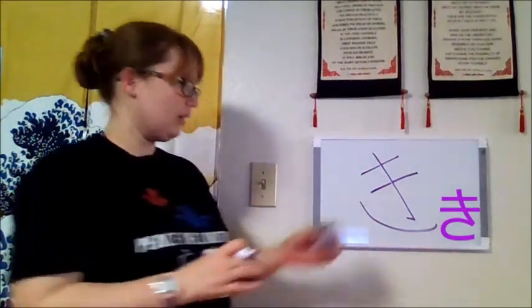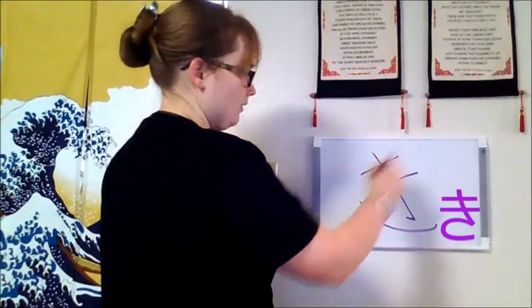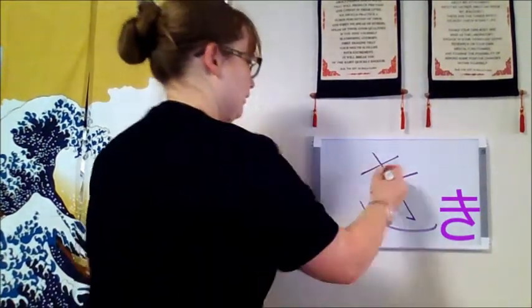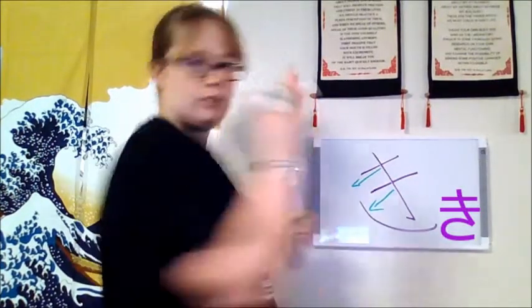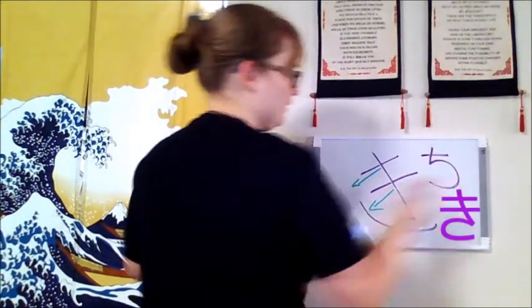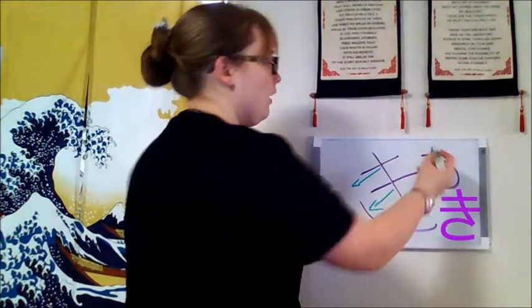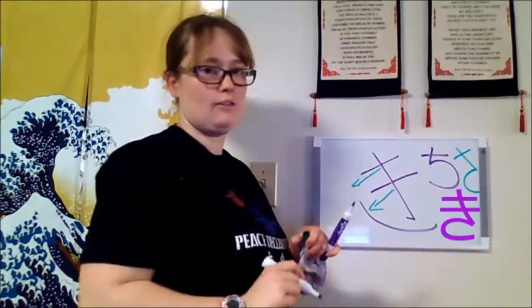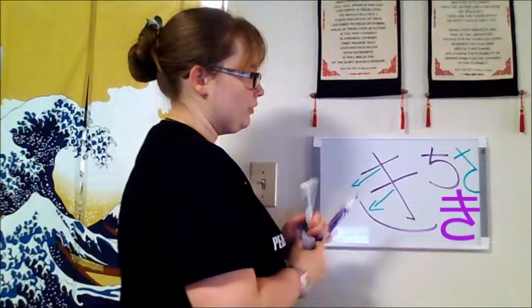Okay? Now remember that your Ki is always going, these lines are always pointing downward. Because when you do the character Chi, it's going to look like this. And you want to keep the loop for Chi, but we'll talk about that in other lessons. But again, it can look very close to Sa, depending on the font. So you want to be really careful of that when you're first learning.